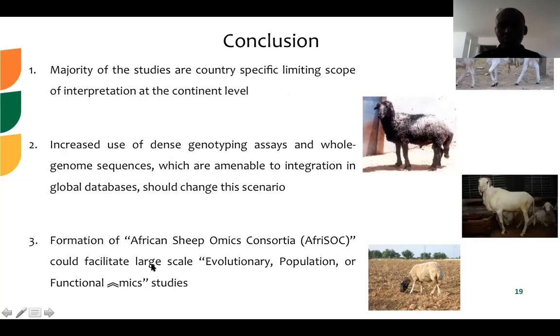We also presume that the formation of an African sheep omics consortium, which we would like to christen AfriSOC, could facilitate large-scale evolutionary, population and functional omics studies in African indigenous sheep, and therefore shed a much more detailed picture on the genome architecture of African indigenous sheep vis-a-vis other global sheep populations.